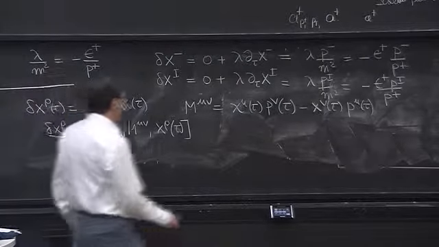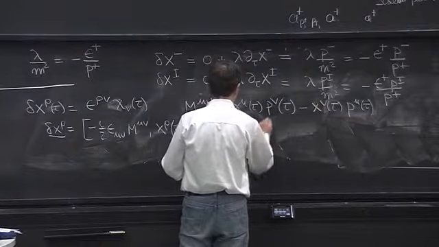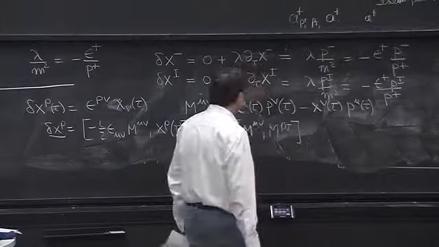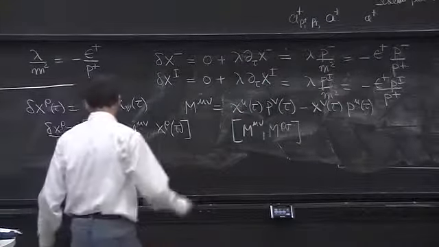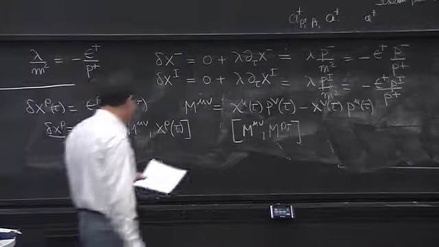And what algebra do the M's satisfy? They satisfy M^{μν}, M^{ρσ}. You can compute their commutator: it is the Lorentz algebra. Probably you talked a little about it in quantum field theory.